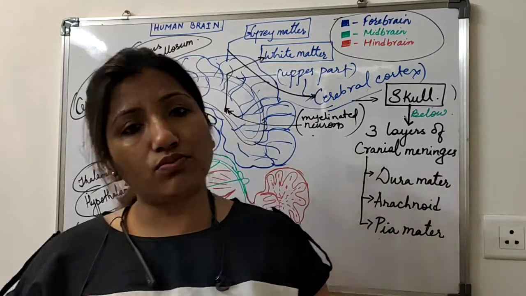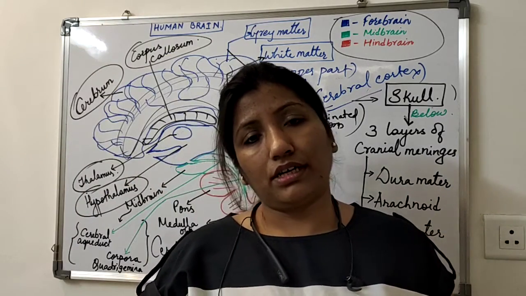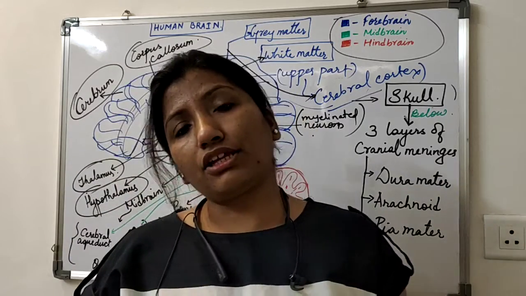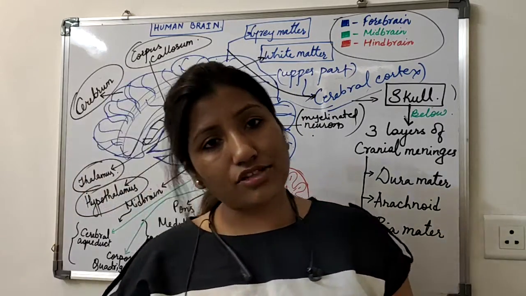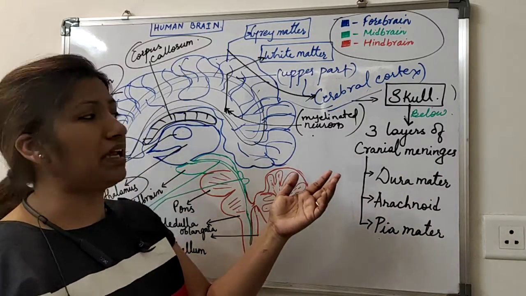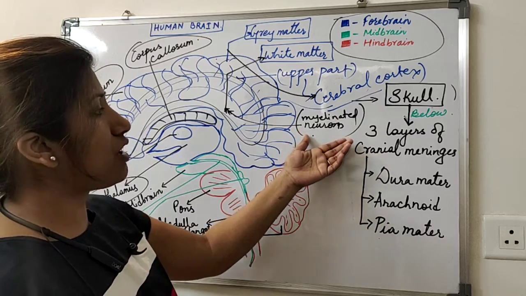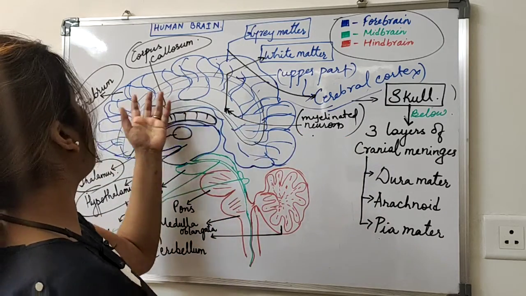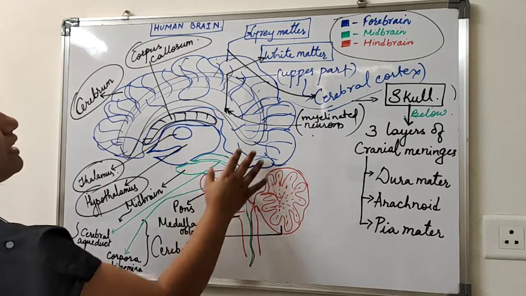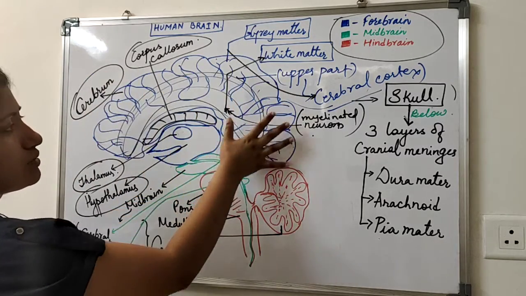Some neurons don't have a myelin sheath around them, and they are known as non-myelinated neurons. When the myelin sheath is present around the axon, it is a myelinated neuron. So having a myelin sheath around the neuron makes the inner part of the brain white in color. So our brain is basically made up of neurons.